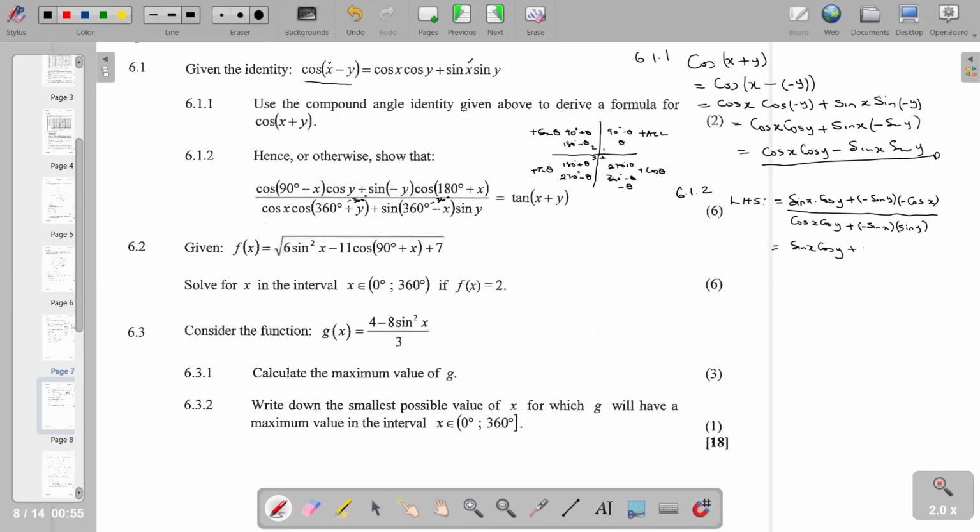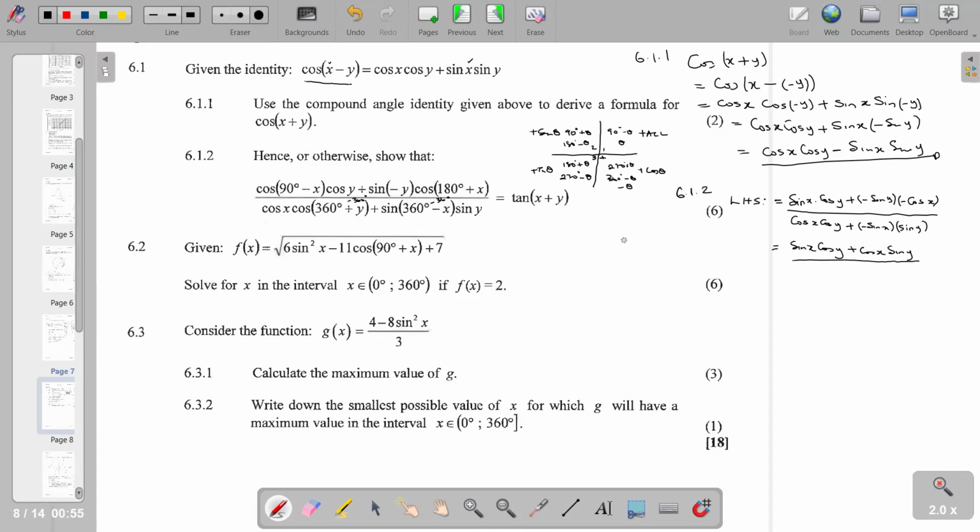There it's going to be cos x sine y all over. The reason why we changed it to cos x sine y is because we saw we have sine x cos y.